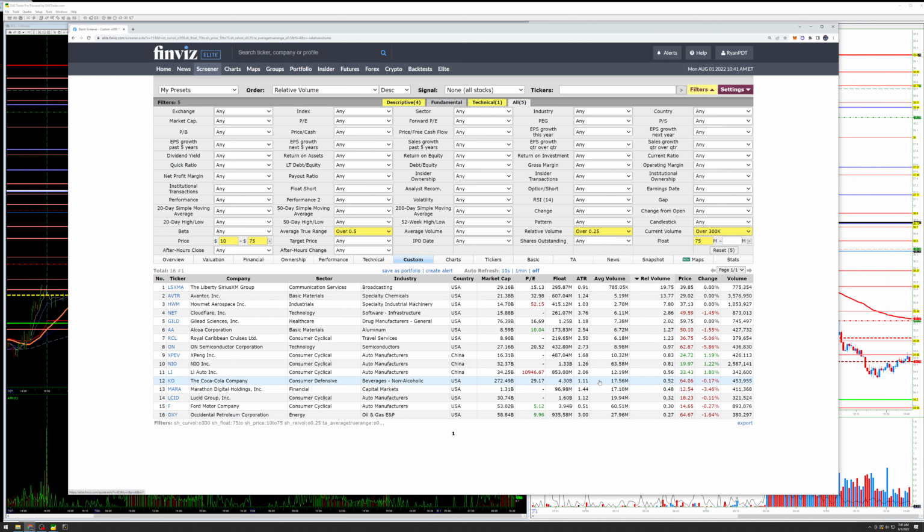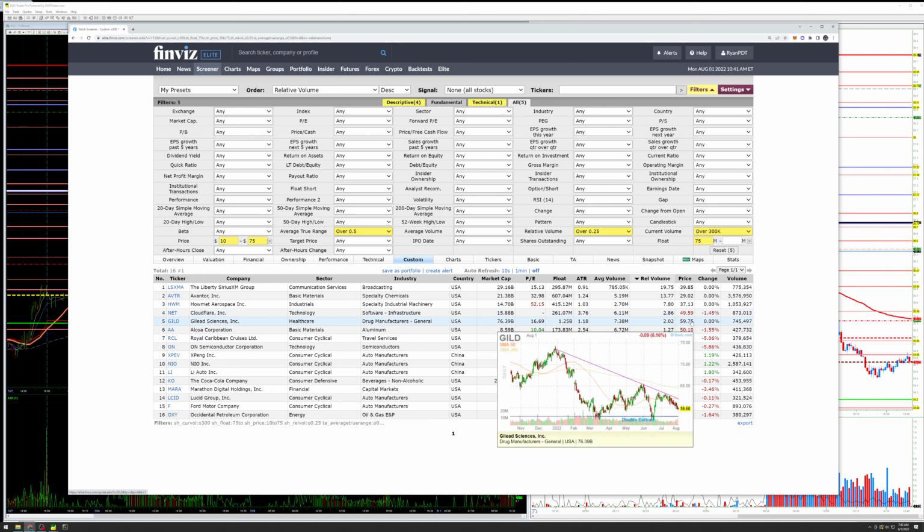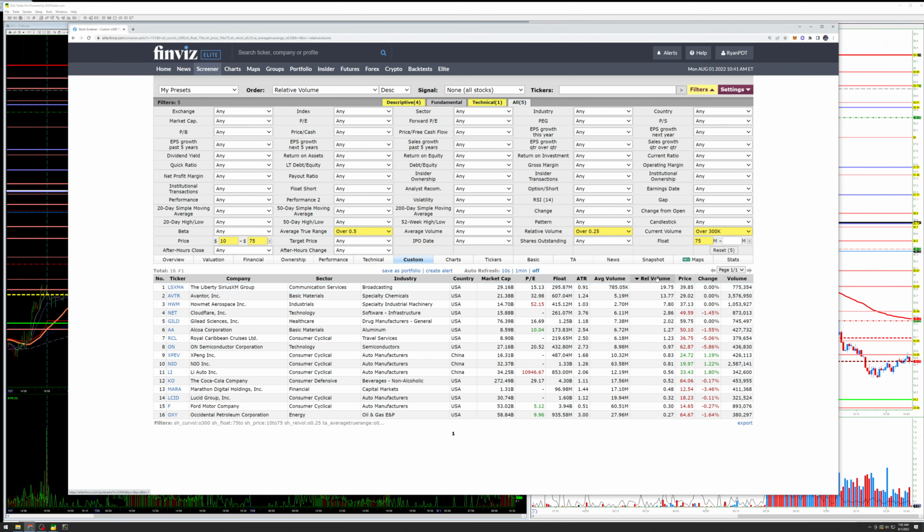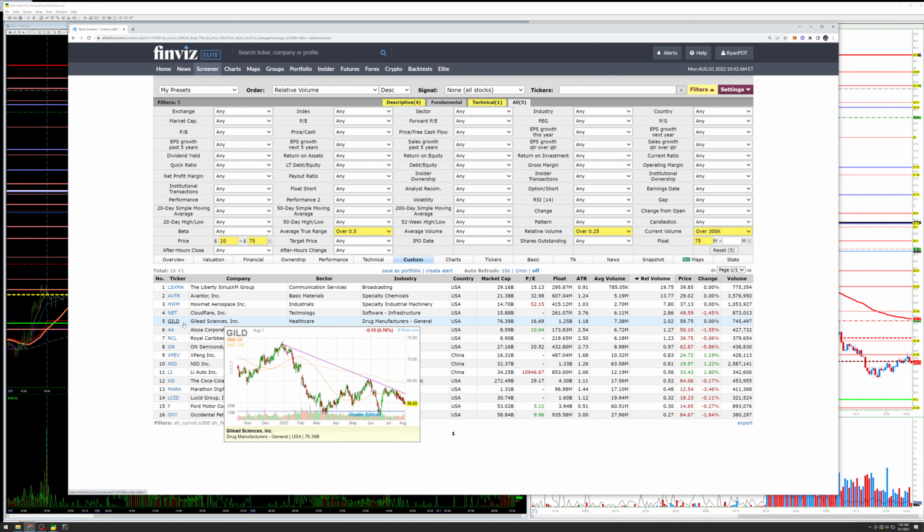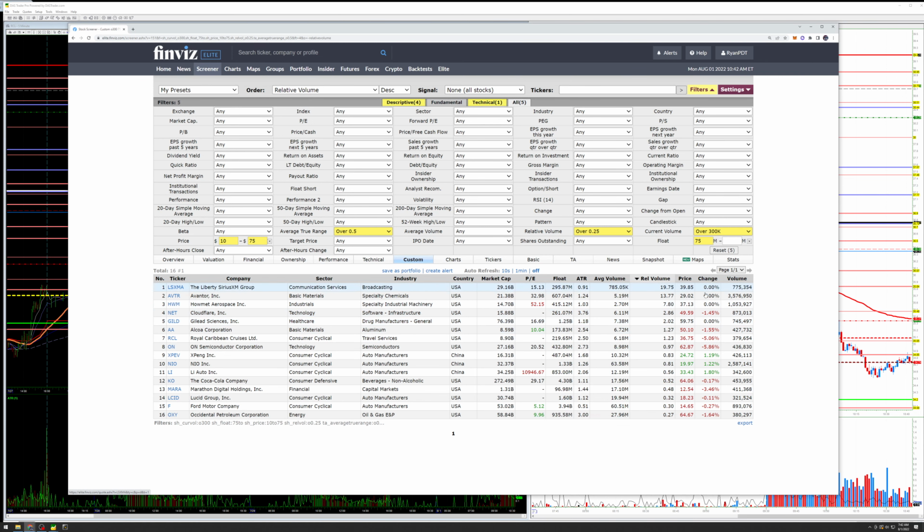As you can see here, I have RVOL on top, but these stocks are not good, they're probably garbage stocks. Gilead is here, but it's at 0%. They're all almost 0%, and they also have volume, but they're all 0%.